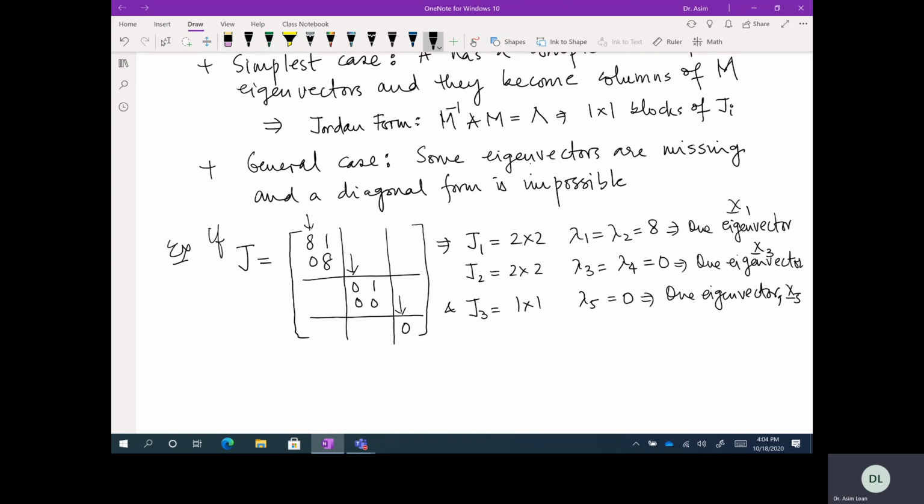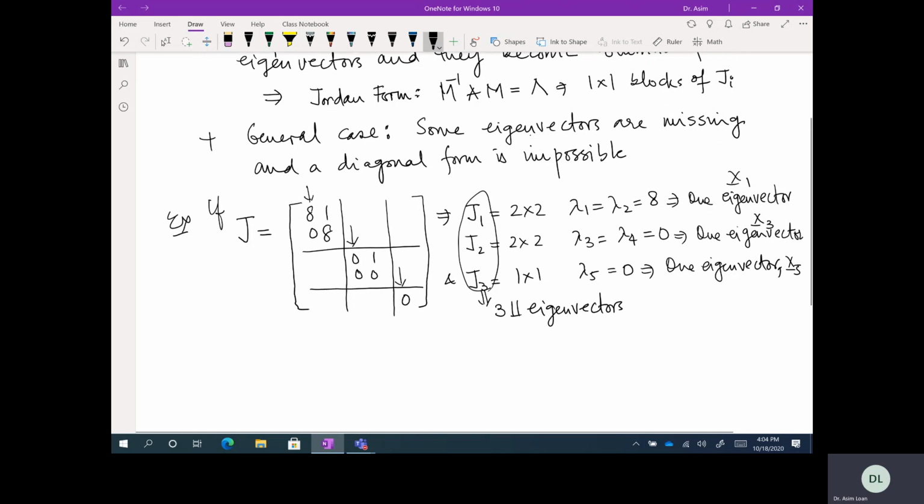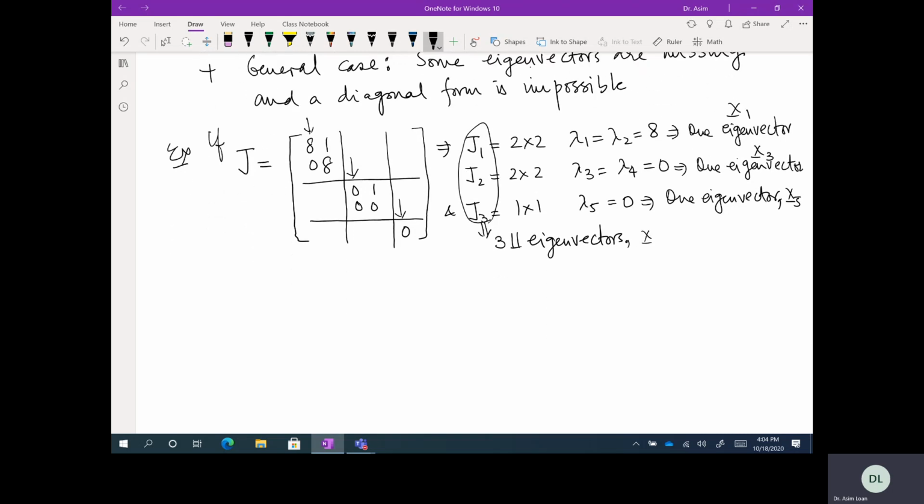So there are 3 Jordan blocks, which implies 3 independent eigenvectors, x1, x3, and x5.